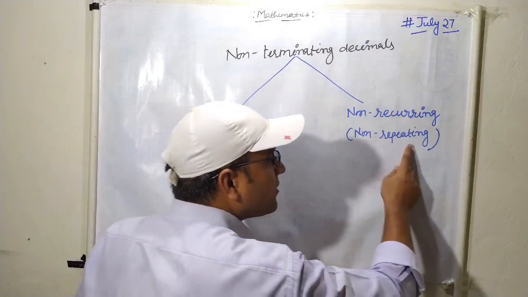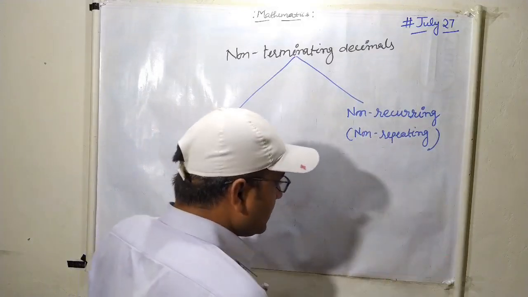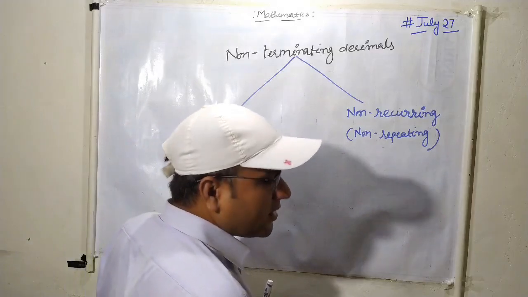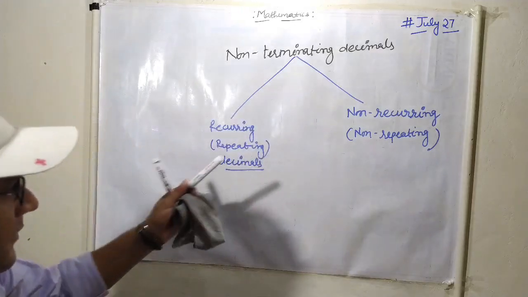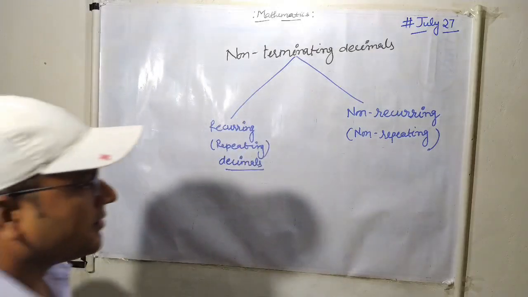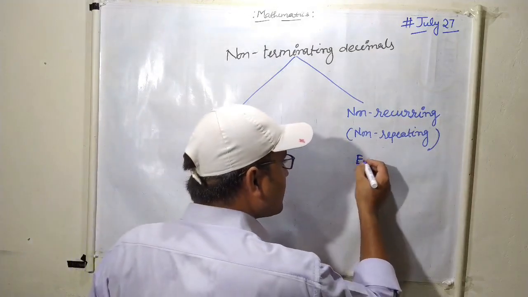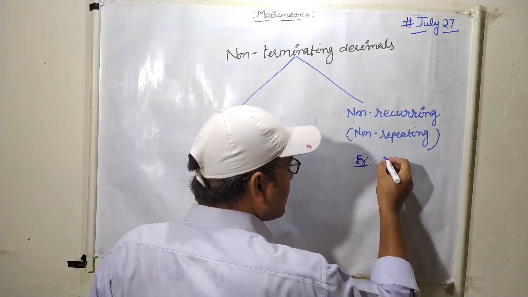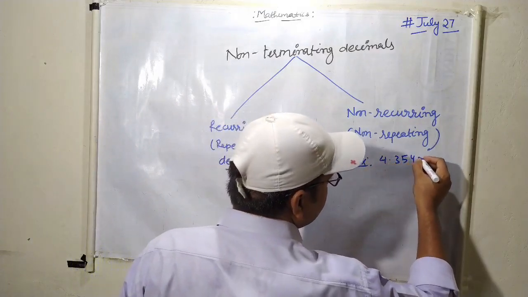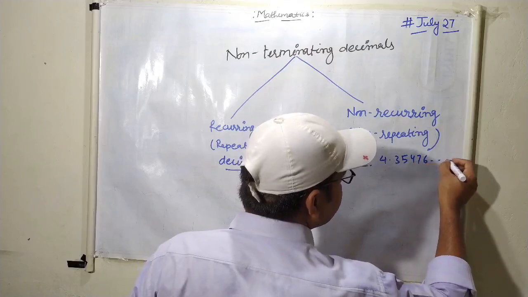Non-recurring means non-repeating. If you are doing this division, suppose I will show you with examples. An example is 4.3547 and so on.